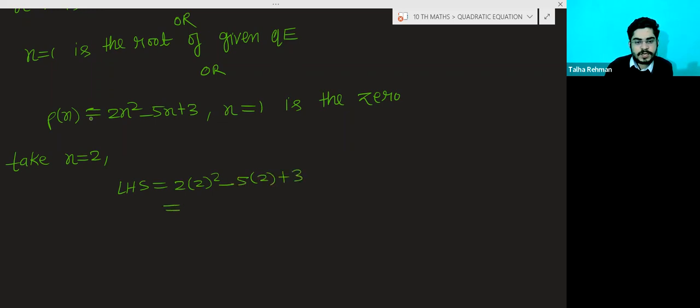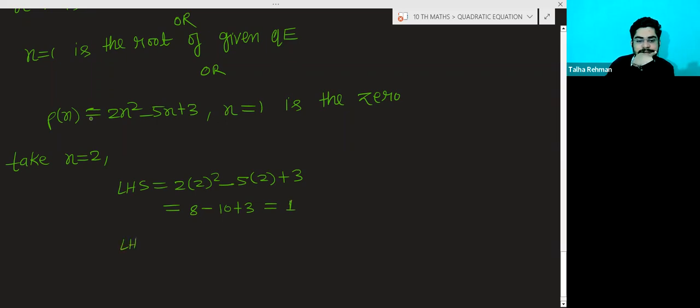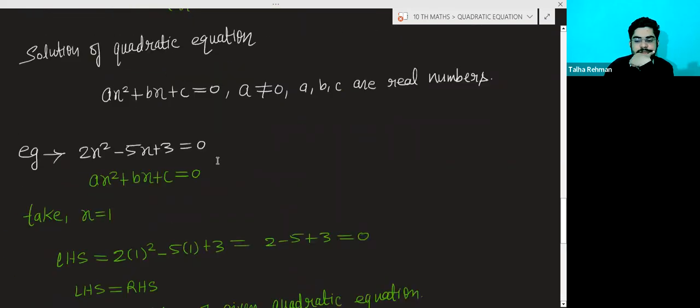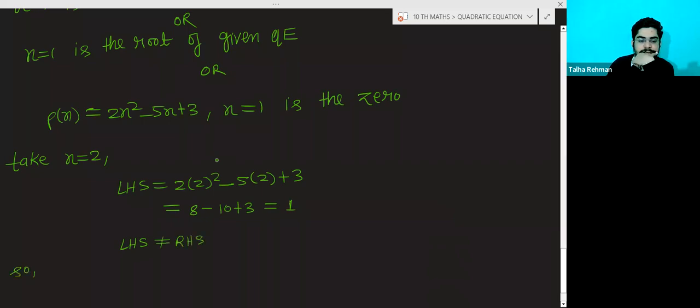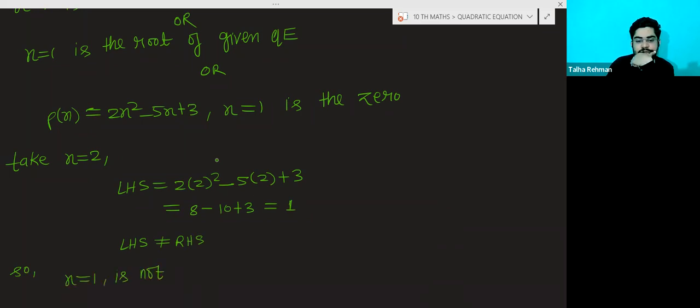So it will become 8 minus 10 plus 3, which is 11 minus 10, so it will become 1. Now the left hand side is 1 and the right hand side of the quadratic equation is 0. So the left hand side is not equal to the right hand side. So you can say that x is equal to 2 is not a root or solution of the quadratic equation.